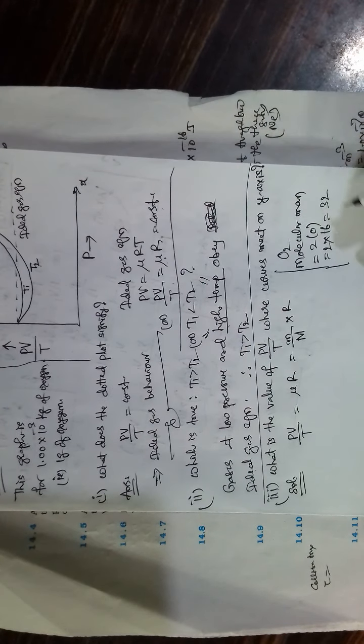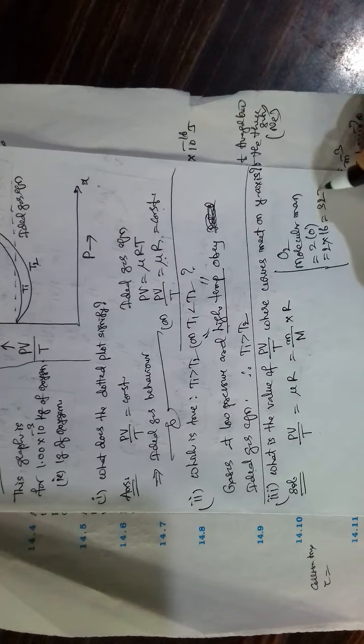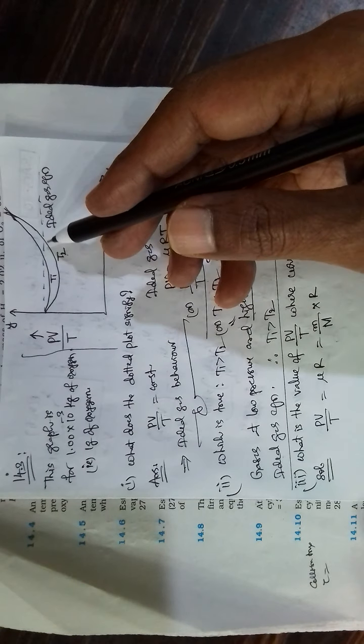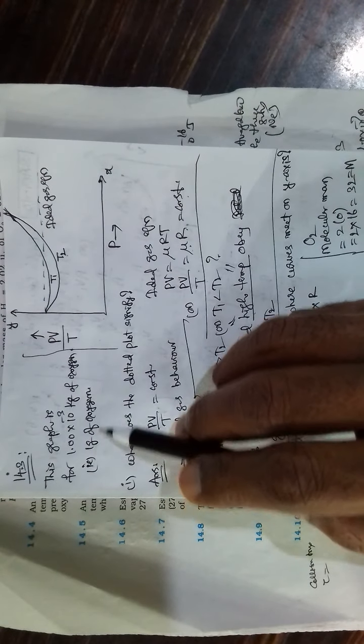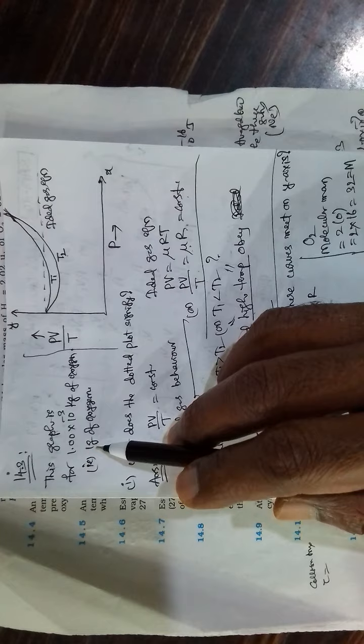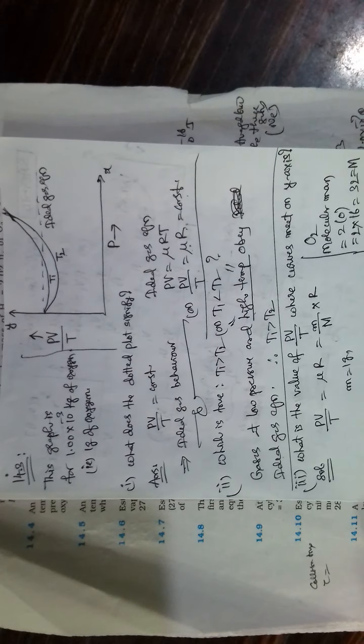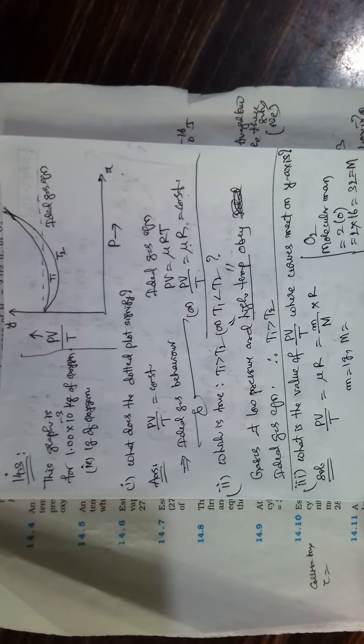This is molecular mass. And this graph is drawn for 1 gram of oxygen. That is, given mass is 1 gram and molecular mass is 32 grams.